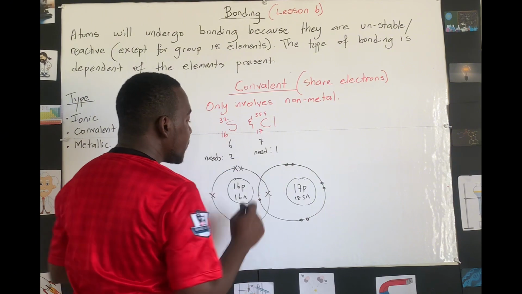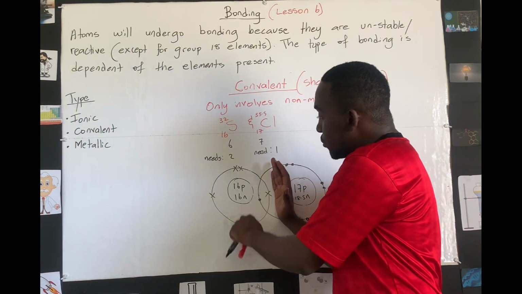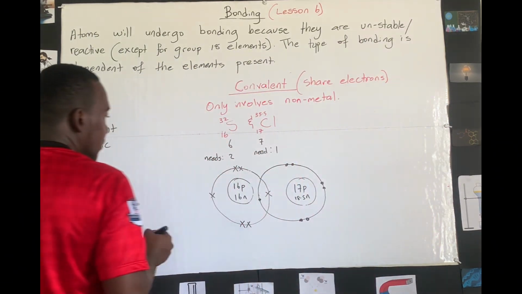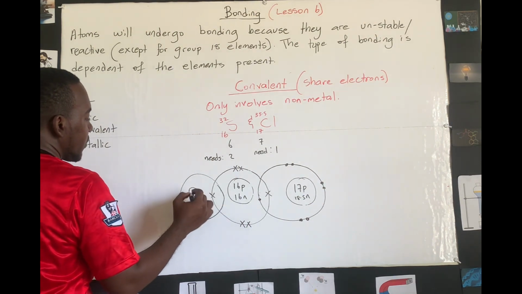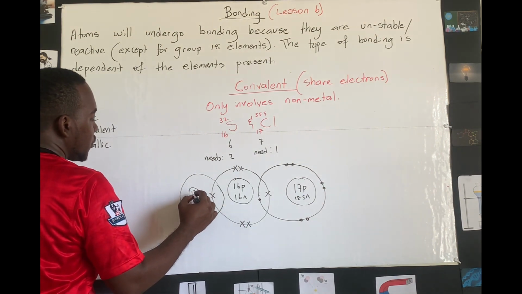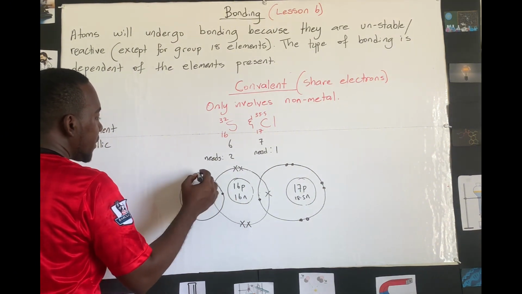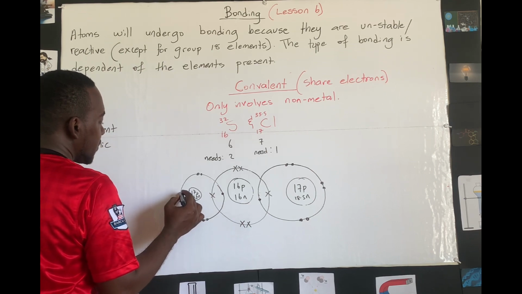We now have chlorine having 8 electrons on its outer shell. If we block out the chlorine, look at the sulfur. Sulfur still needs 1 electron. Where is that 1 electron coming from? From an extra chlorine atom that will now share 1 electron with that free electron from sulfur.